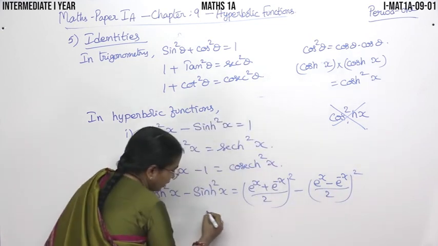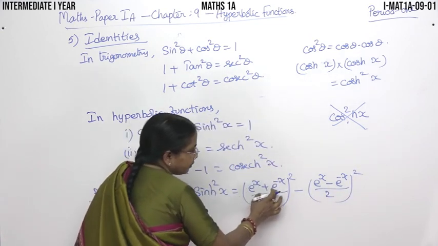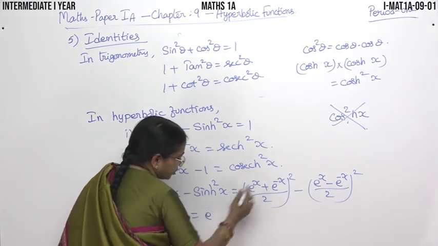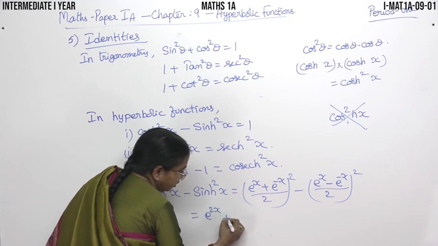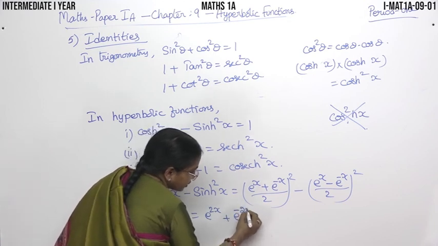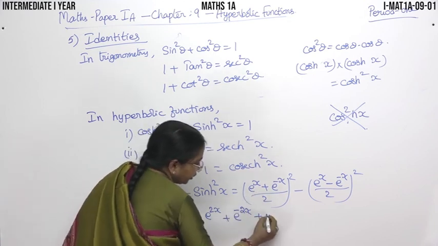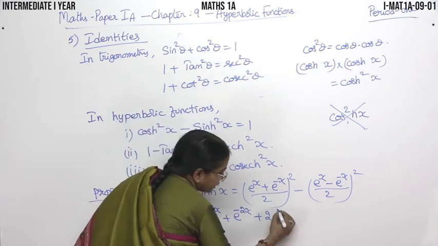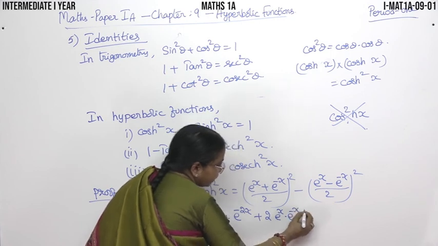Okay. Now what is a plus b whole square? A square, that is e power x whole square, that is e power 2x plus e power minus 2x plus 2 into e power x into e power minus x, by 4.